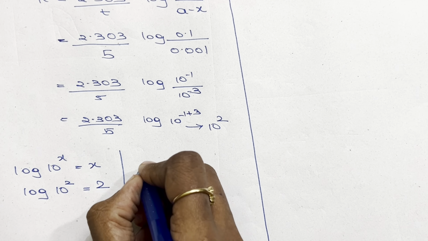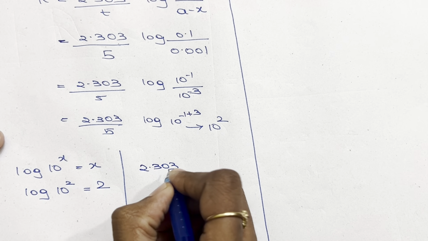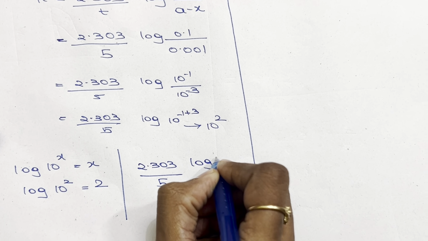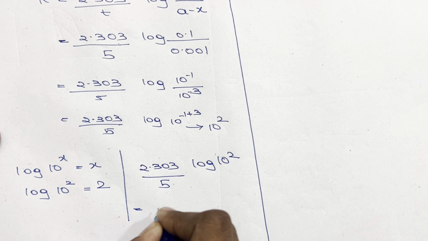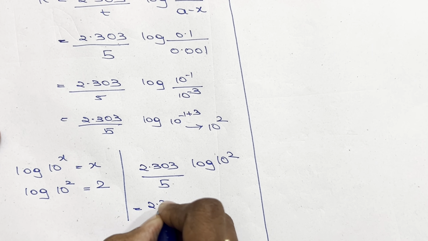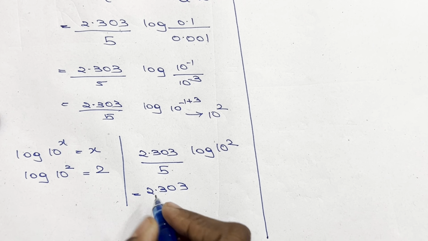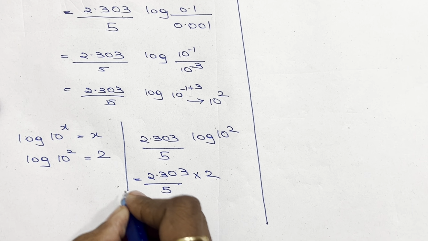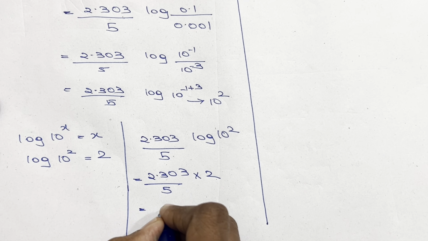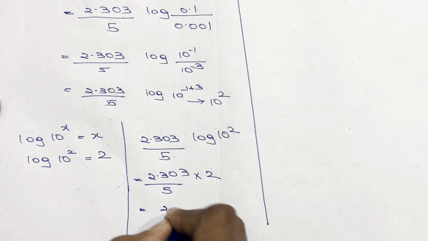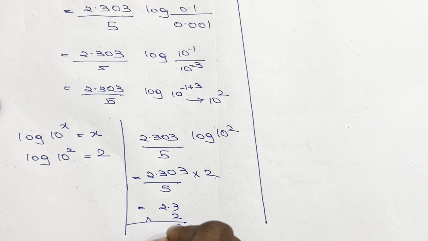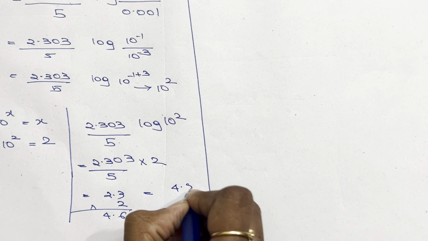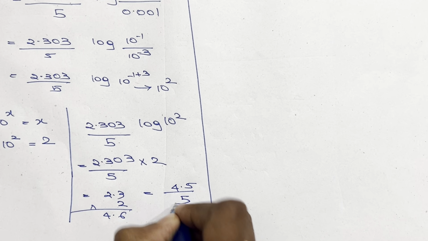So we'll write 2.303 upon 5 into log of 10 to the power 2, which is actually 2.303 upon 5 into 2, which is equal to 2.3 into 2 is 4.6, which is 4.6 divided by 5.